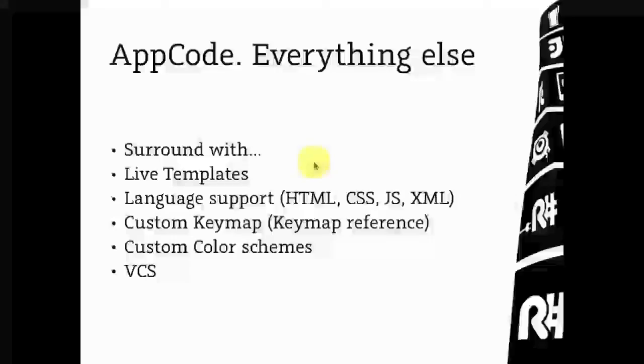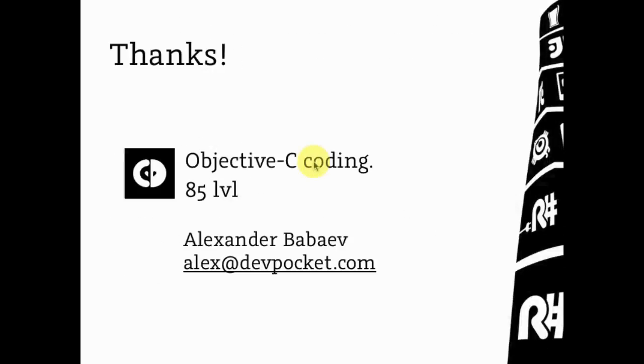Well, great. So I talked about these things. How can you use them? Is it okay to use Xcode right now? How does it compare with Xcode? I primarily use Xcode for coding.